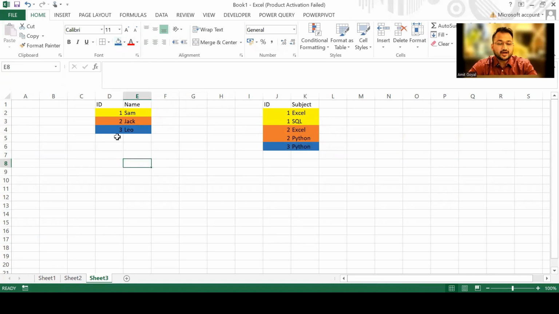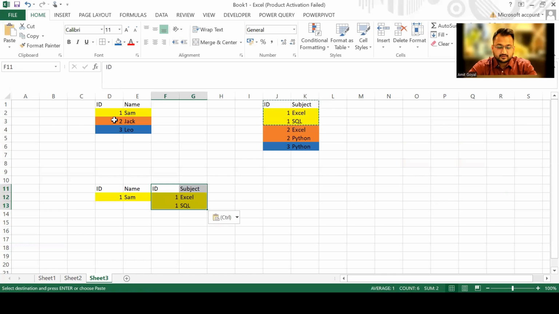So what will be my output? My final output is going to look like this. I will have the information of subjects for Jack as well. We can actually copy this complete table.